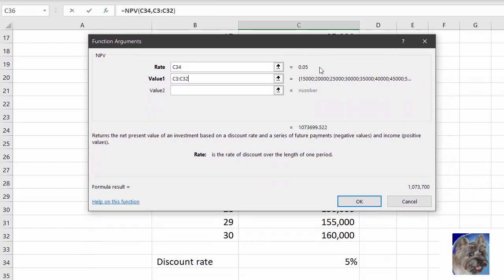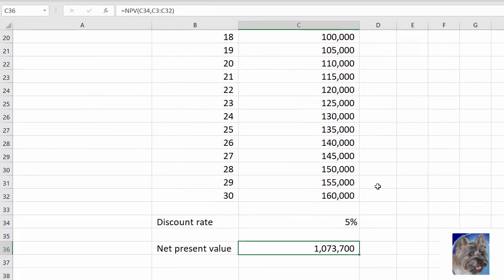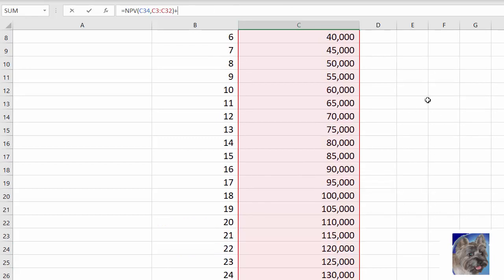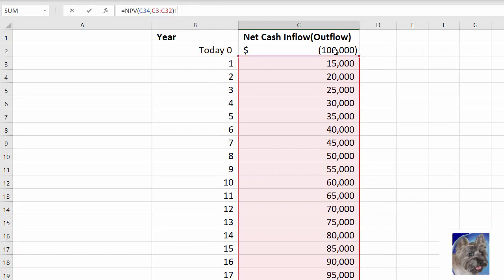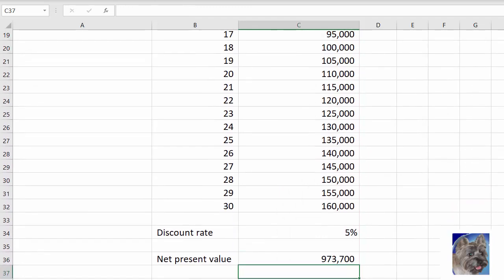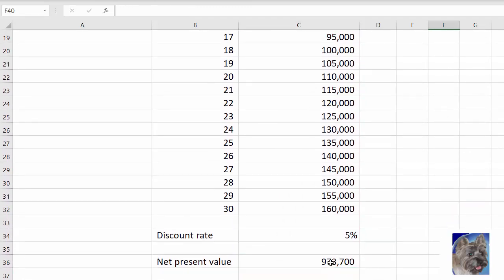The pop-up comes up with this number, and that's just the present value of the future cash flows. So from there, we would have to subtract out the initial cash flow. If you entered it as a negative number like I do, then you have to add in the negative cash flow.